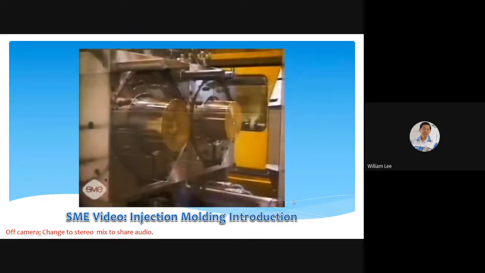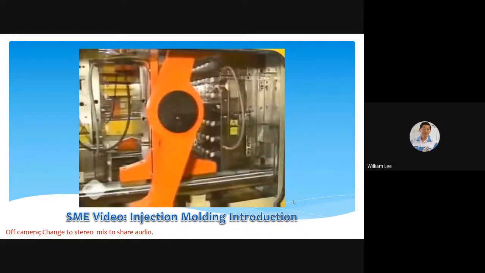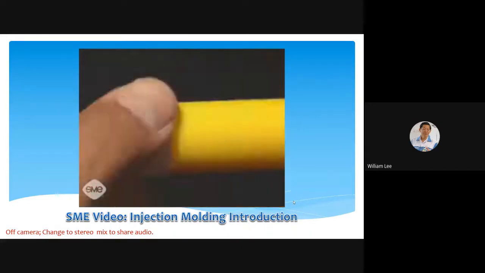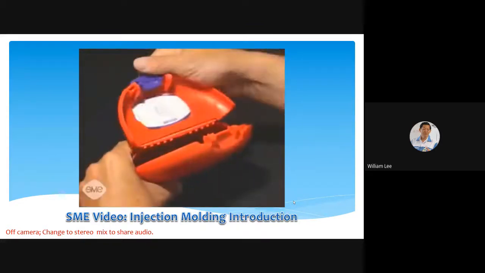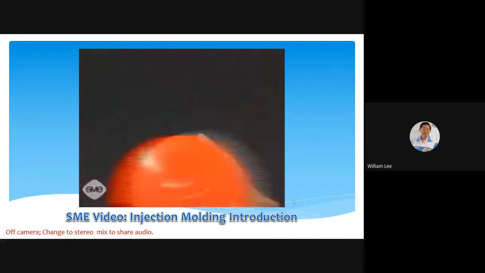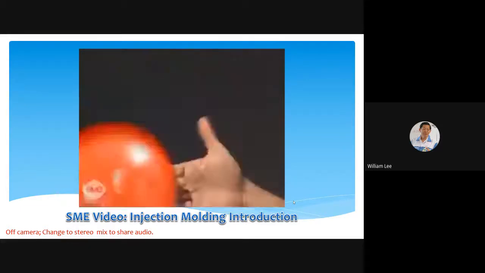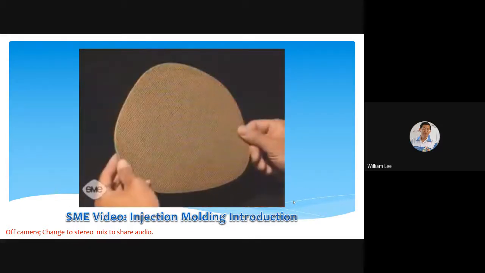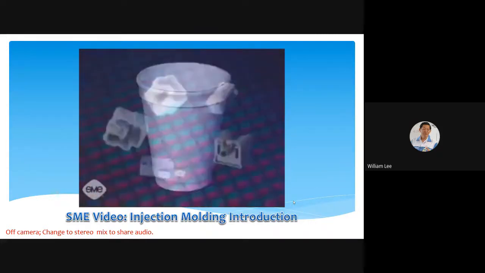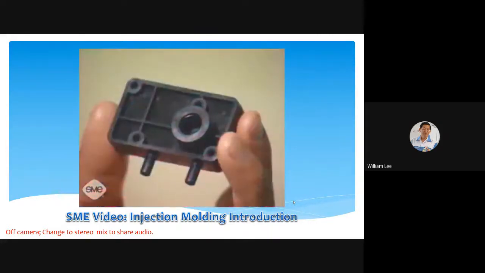Injection molding is an extremely versatile process that can produce parts with holes, springs, threads, hinges, and undercuts in a single operation. Injection molded parts can be simple or complex, and can be solid, foamed, reinforced, or filled.